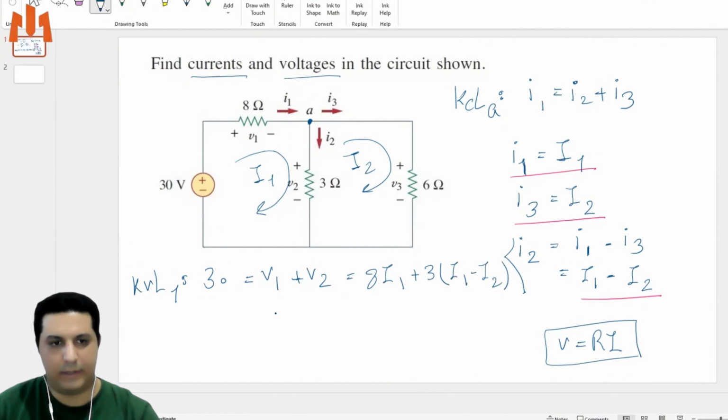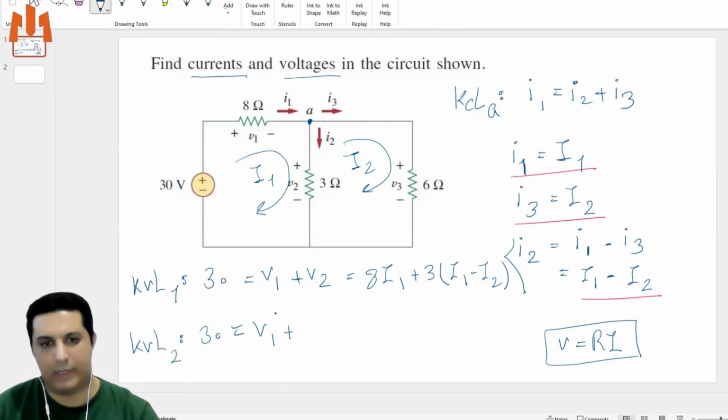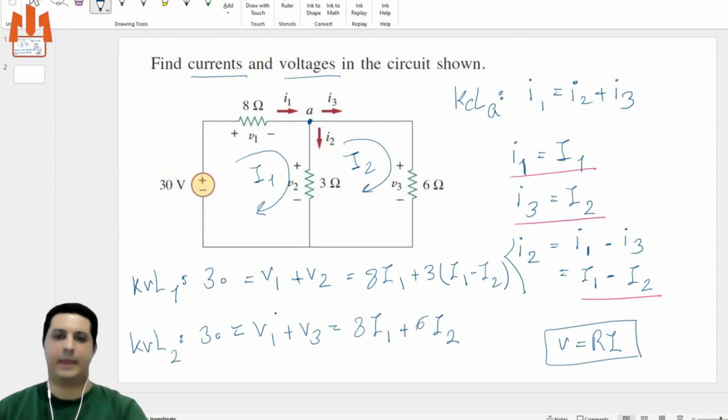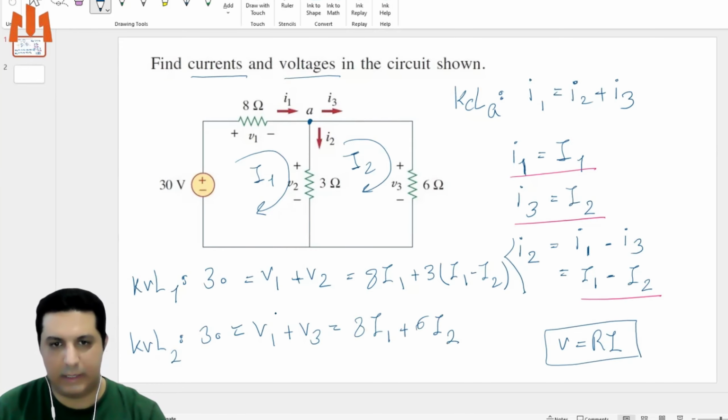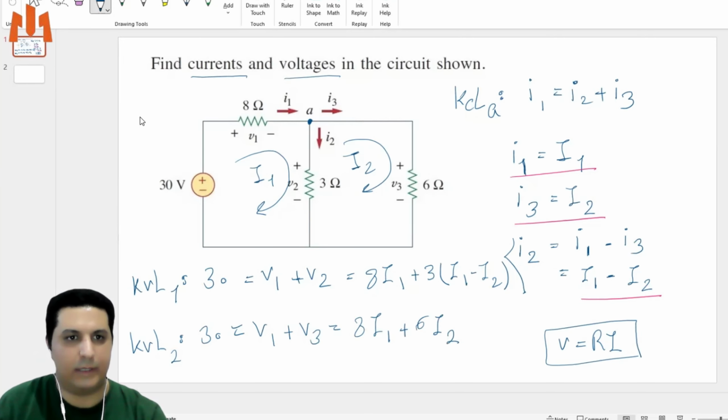On the other hand, we have another KVL: 3 equals V1 plus V3, which is 8 I1 plus 6 I2. Right now let's solve these equations.